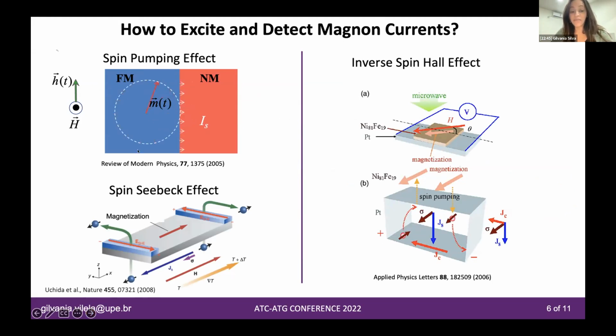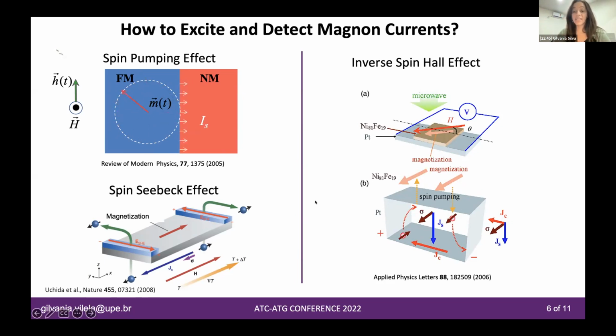In the spin pumping effect, essentially, you put the magnetic material in resonance, and this excitation of the magnetic moments will inject angular momentum into an adjacent layer such as a normal metal, like platinum, for example. The other effect that you can use to excite spin waves is the spin-Seebeck effect.